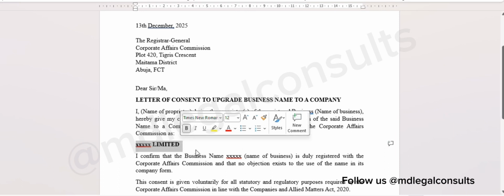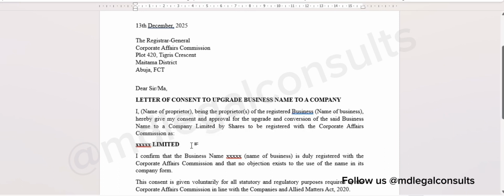Make sure that it is highlighted, it is bold. That is what we do for our own template, and so far they've been accepting it. So please make sure that it's highlighted so that CAC would know that this is the name of the company that you want to use.